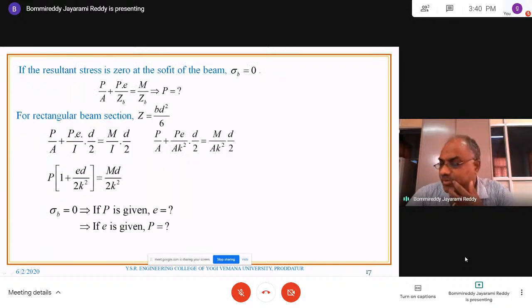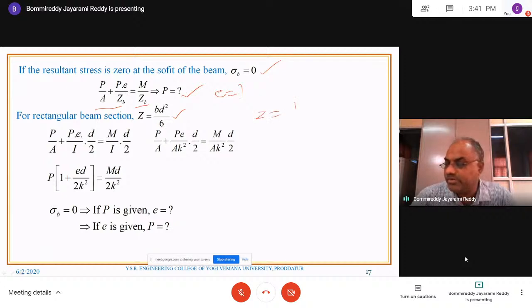And this is the most probable question. Already I told you, bottom stress equal to 0 means, with P because of the pre-stress and the moment because of the externally applied load, you can find out P. Or sometimes the question may be, what is the magnitude of e? So nothing to worry, just observe the type of equations required, that is enough. And for a rectangular beam section, Z is bd square by 6.